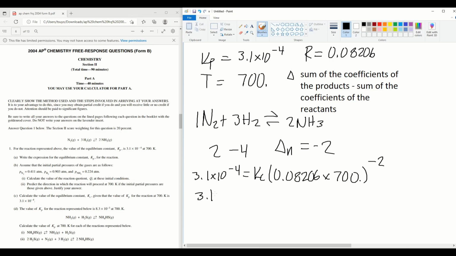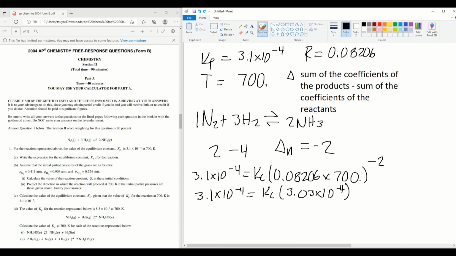So this should come out to something like this, I'm pretty sure, times, I think it is 3.03 times 10 to the negative 4.